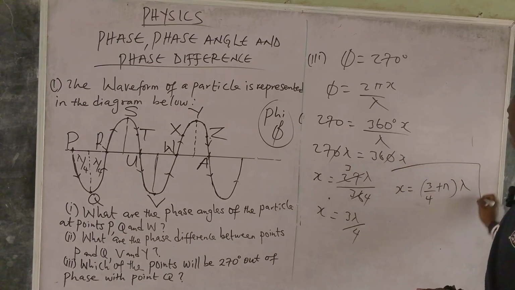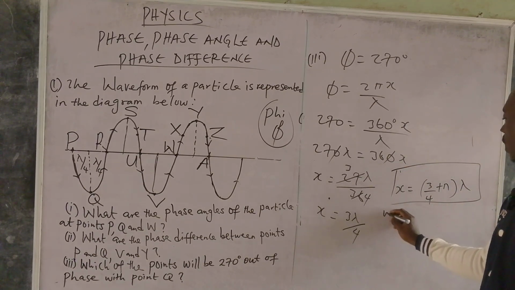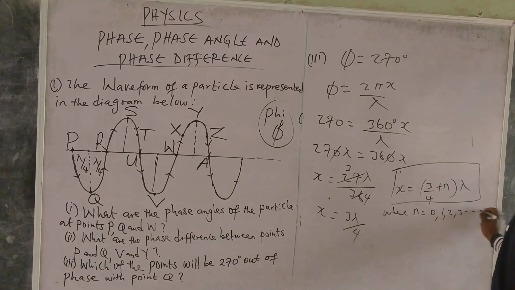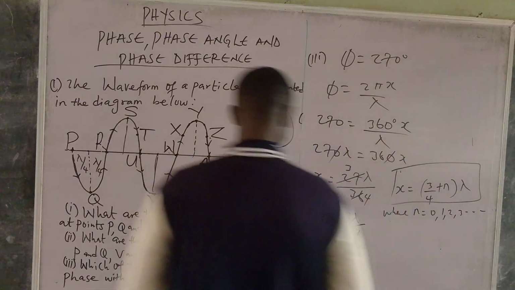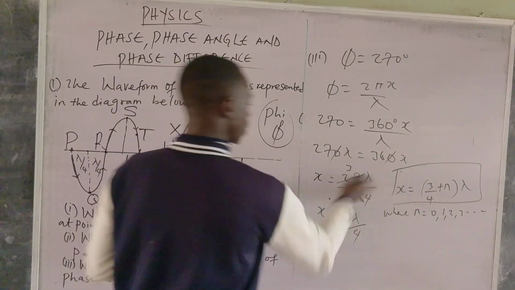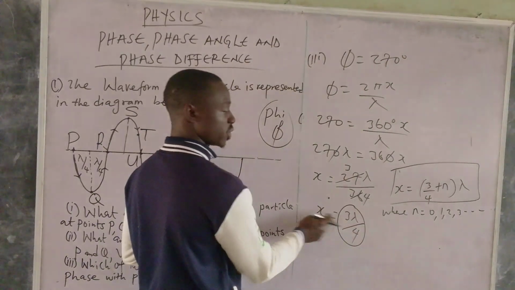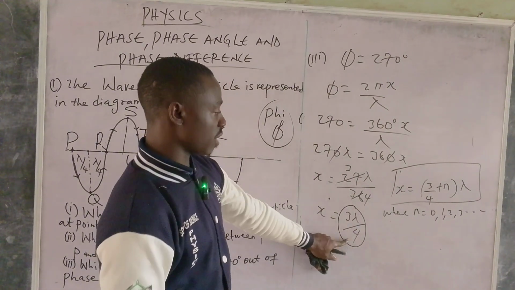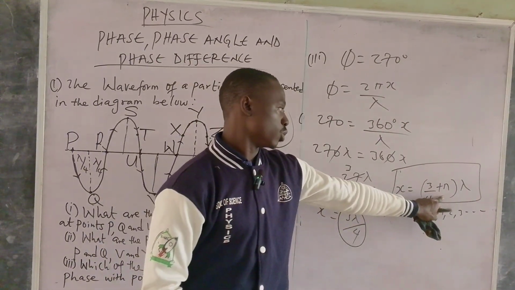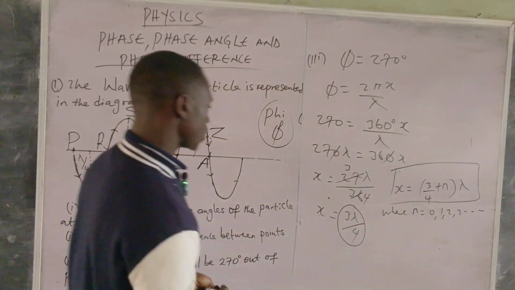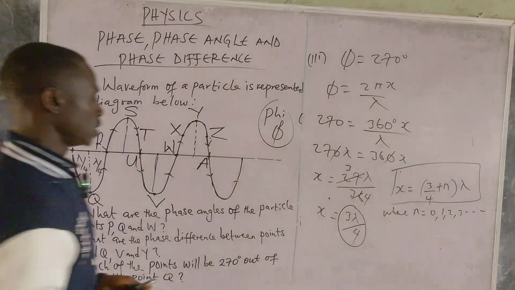This formula is very important, where n is a whole number, n equals 0, 1, 2, 3, and so on and so forth. I got this formula from here. So depending on what you get as your x, our x is 3 over 4, that is what informs what you are going to write in this formula.